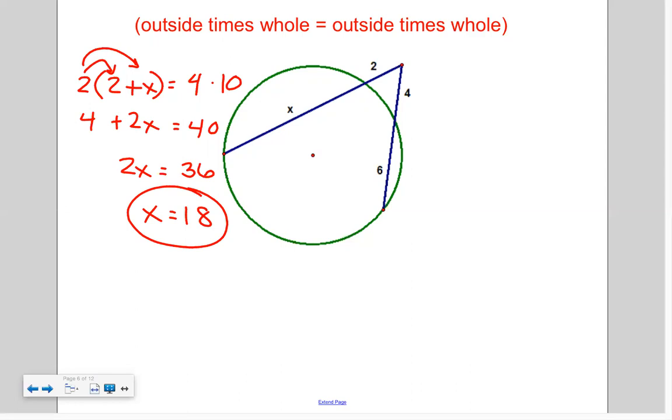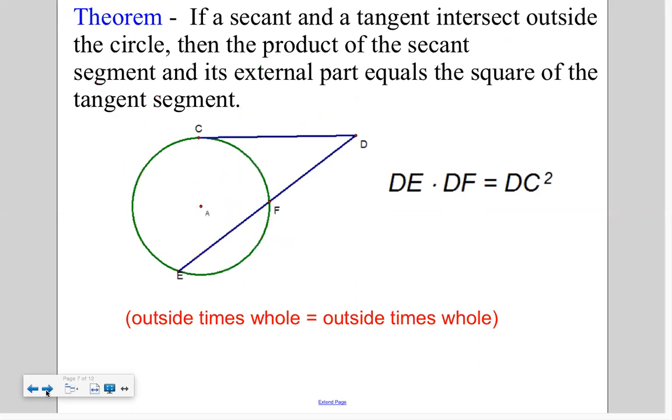All right, these have been pretty straightforward because they've given us pretty straightforward lengths. This is essentially, and we've had these with a lot of them, where the tangent line parts are very similar to our secant line equations. And this one also is. If a secant and tangent intersect outside of the circle, then the product of the secant segment and its external part equals the square of the tangent segment.